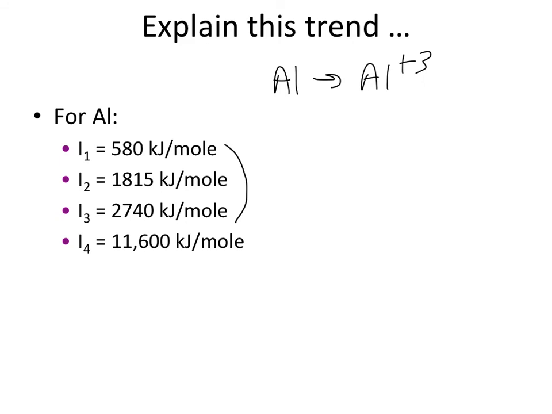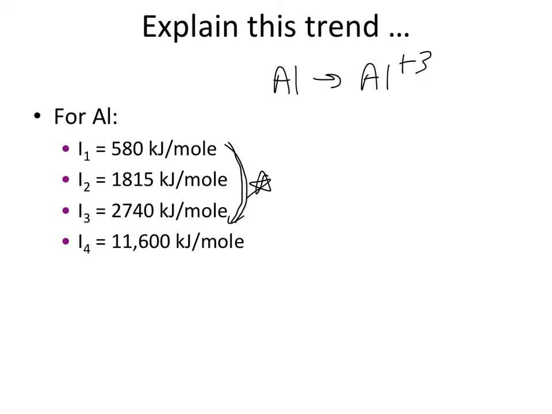And we expect that to become more difficult as you move through the removal of each electron, because as you remove electrons, the proton number stays the same. So as I remove 1 electron, the electrons that remain are held more tightly by the nucleus. So we expect these 3 to increase as we go through the removal progression. So this is normal.